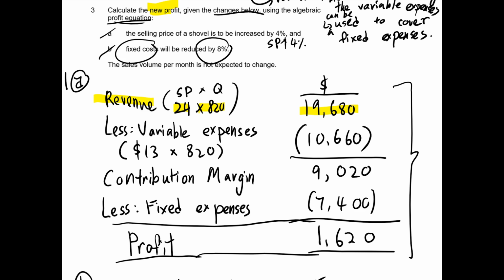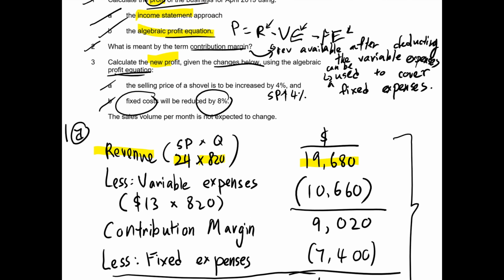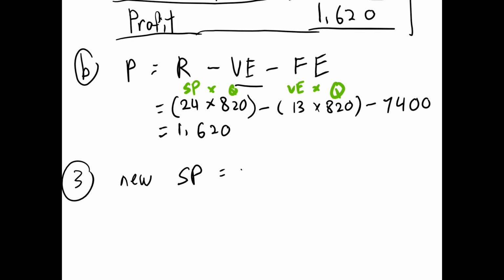So what you are going to do now is, for question number 3, you are going to find the new selling price. Your new selling price will be increased by 4%. So your original selling price, which is $24, will be increased by 4%.